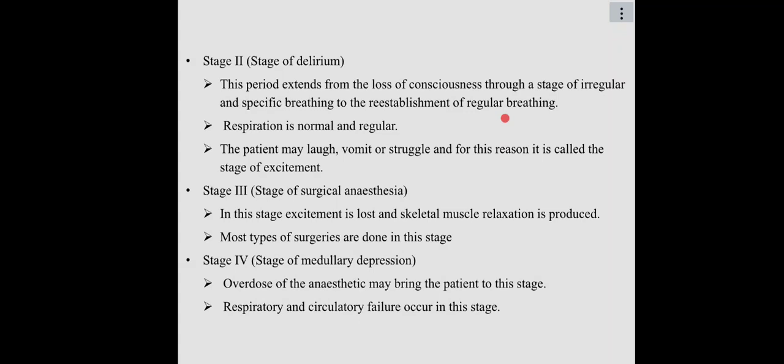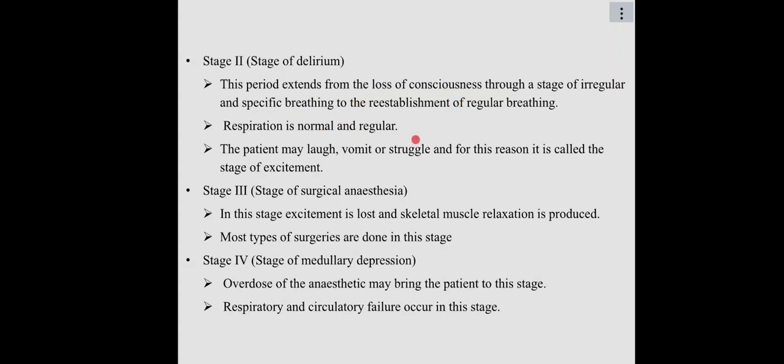An anesthetist is a physician who is very well trained in administering these drugs, because there must be proper control of these drugs, and also the oxygen, so that this person is very stable and can allow for operations without any problem. So there will be that stage of irregular breathing, and then you establish the regular breathing.